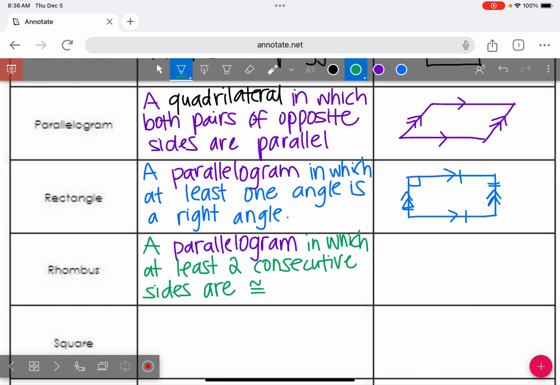So when I draw my rhombus, I'm going to make it similar to the parallelogram, but I'm going to have sides that are congruent. So my rhombus will look like this.